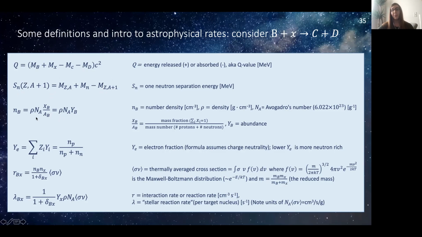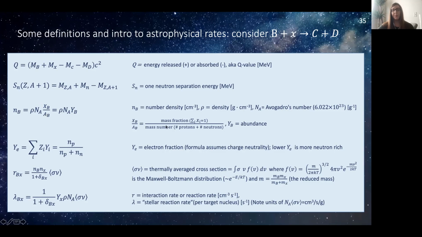Next, we're going to have number density. Now, this is just the number density of one of your initial reactants, B, and that's going to be equal to your density times Avogadro's number times something called mass fraction over your mass number.